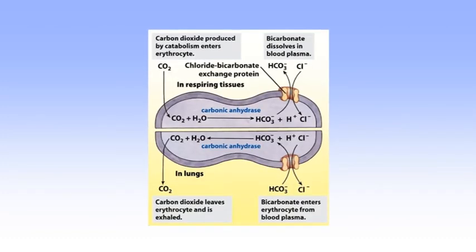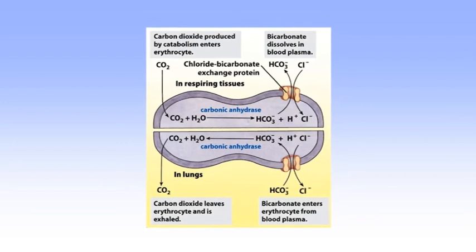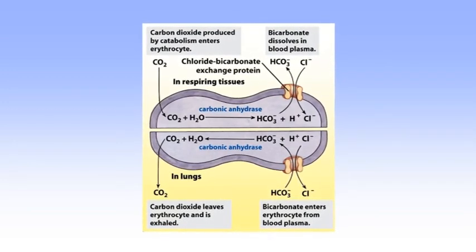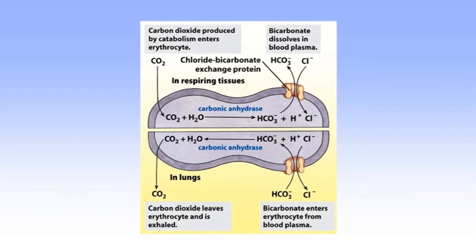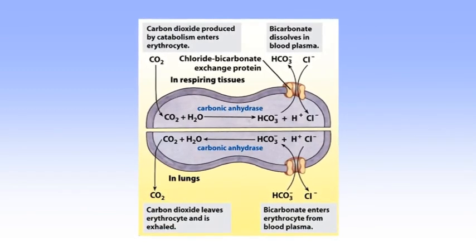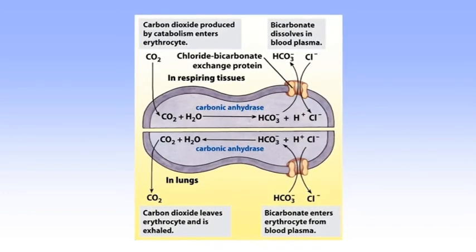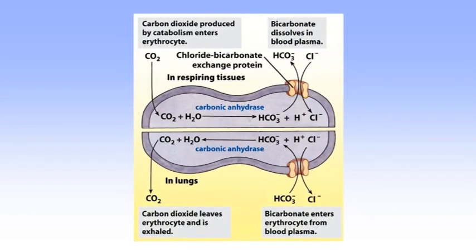The band 3 protein acts as an anion transporter, which allows the bicarbonate to cross the membrane in exchange for chloride ions. By making the red blood cell membrane freely permeable to bicarbonate, this transporter increases the amount of carbon dioxide that the blood can deliver to the lungs.